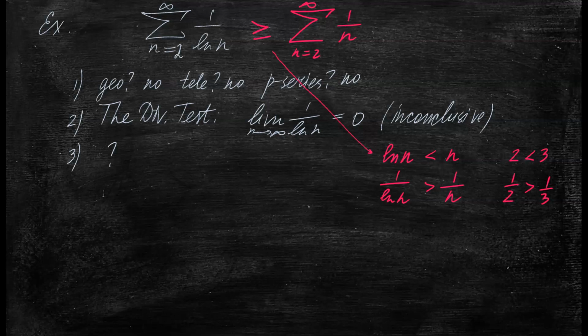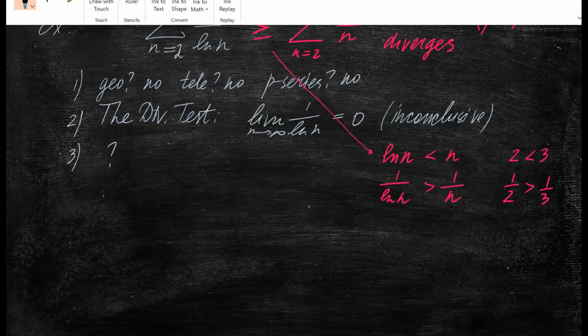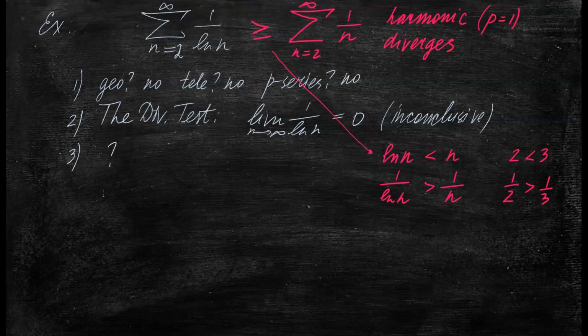2 is less than 3, but 1/2 is greater than 1/3. So this inequality should make sense, but what do we know about the series on the right side? It is harmonic, or it's a p-series with p equal to 1. And what do we know about this series? We know that it diverges. So what does that mean in the context of the original question?